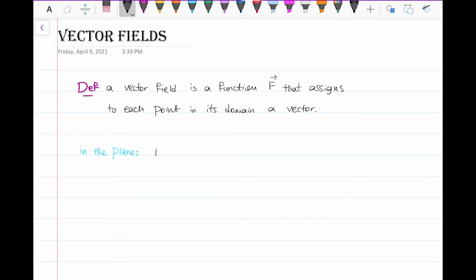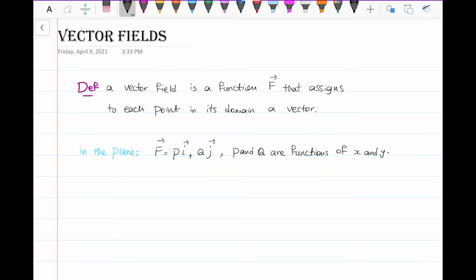So in the plane, we usually write the vector field by F, and since the vector field is in the plane, it needs to have two coordinates. So I'm gonna have something times i plus something times j, and the coefficients would be P and Q, where P and Q are both functions of x and y.